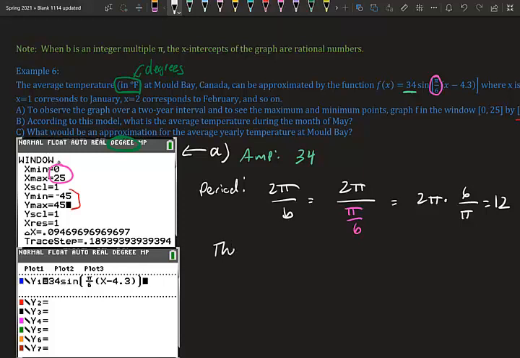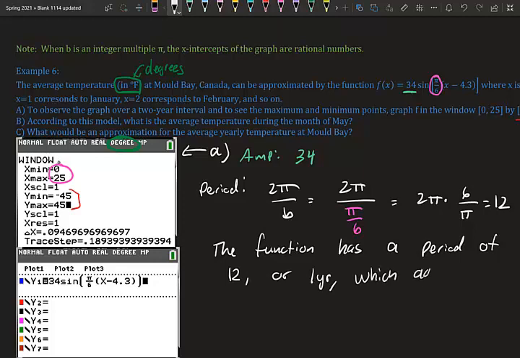Now, that means the function has a period of 12 or 1 year, which agrees with the changing seasons, right?